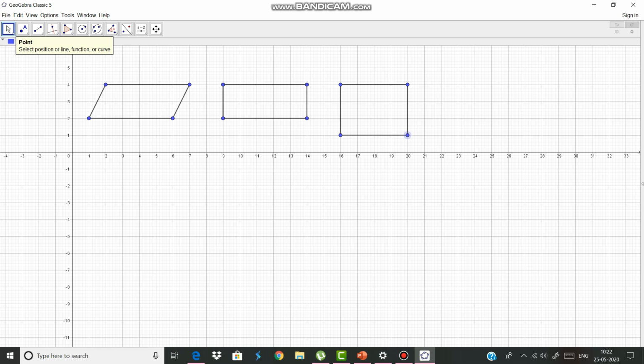And rhombus looks like this. Trapezium looks like this.